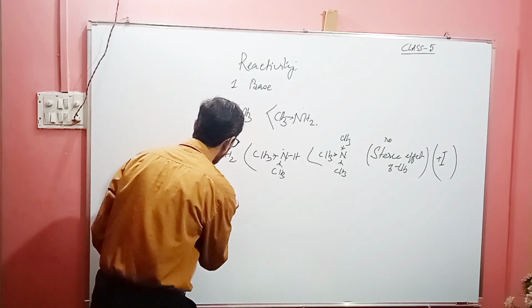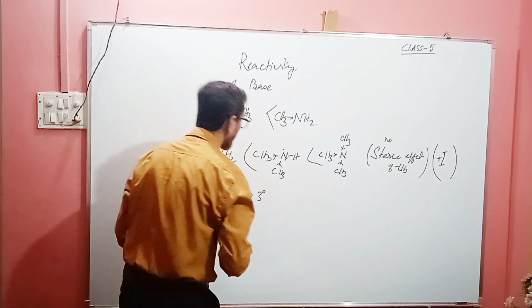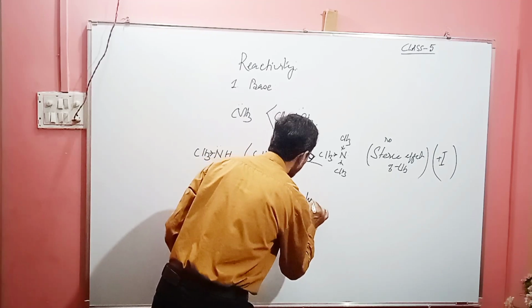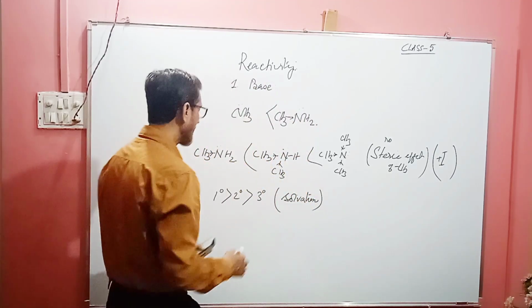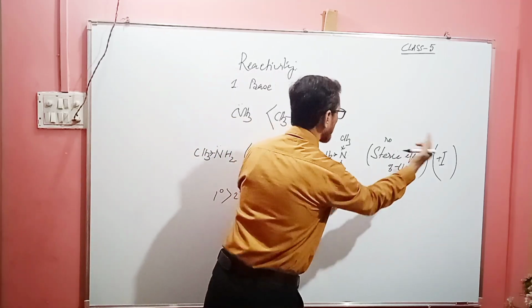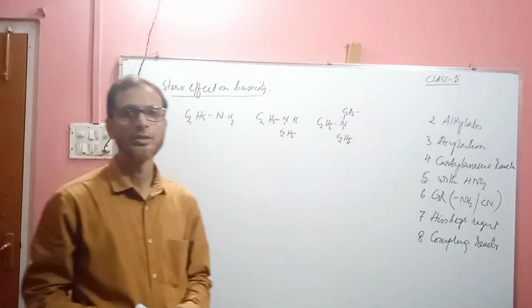So here 1 degree will be more stable than 2 degree, which will be more stable than 3 degree, due to the solvation effect in aqueous solution. In aqueous solution solvation decides the basicity, and in the gaseous phase the plus I effect influences the basicity.